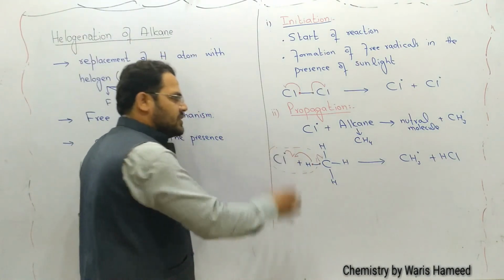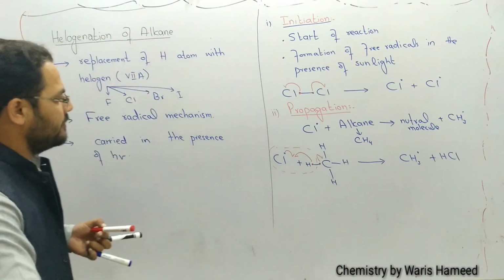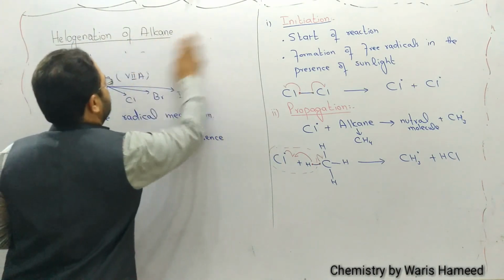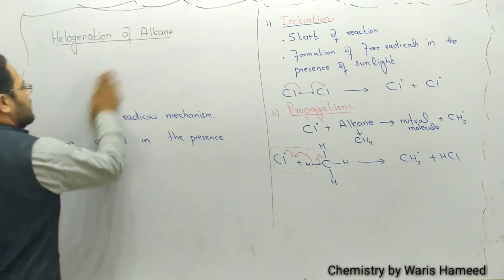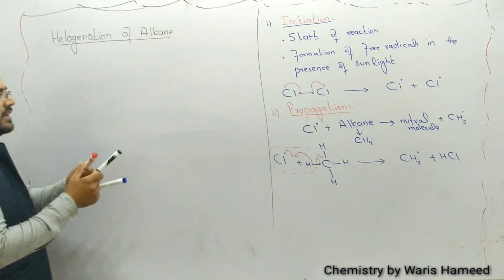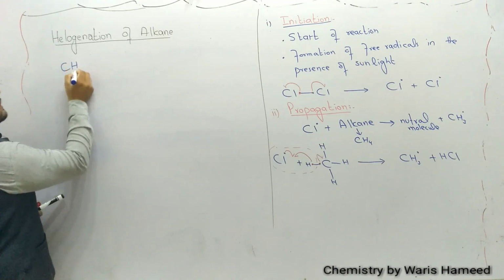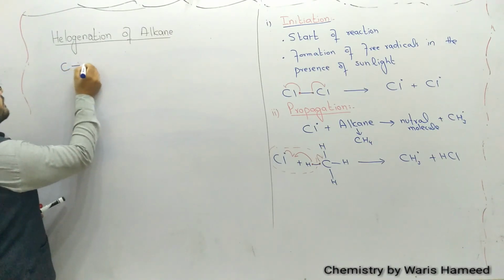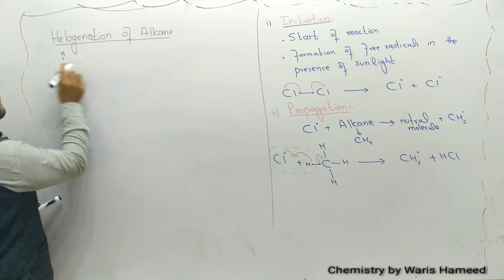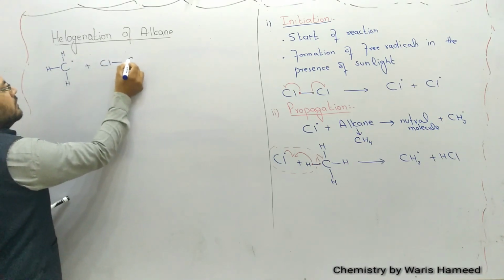Propagation step is still continued. We can write its further steps. The methyl radical, CH3 radical, will again react with another chlorine molecule.